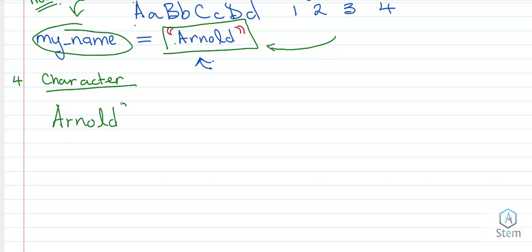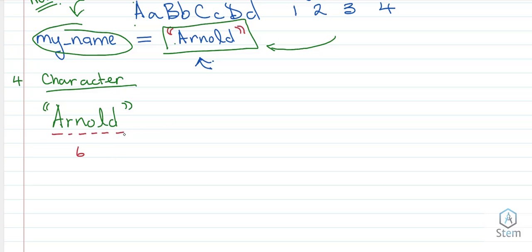I'm going to put it in quotation marks because I want to get into this habit of putting quotation marks around string values. Okay. How many characters make up my name? Let me count them for you. Character number 1, number 2, number 3, number 4, number 5, number 6. Okay, so there are 6 characters which make up my name.